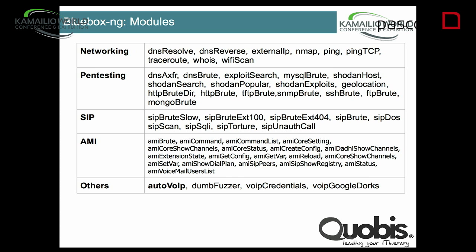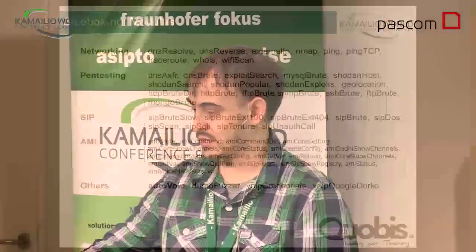Proper pen testing tools like different protocols and applications, brute forcing modules like HTTP, SSH, and SNMP, also DNS, and then the SIP modules where we can just do SIP scan, brute forcing for enumerating new SIP users, trying to crack the passwords, doing denial of service attacks, and so on.